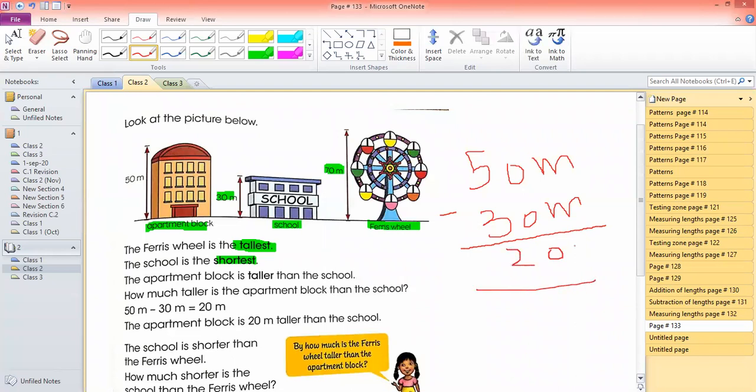So the answer will be 20 meters. The apartment block is 20 meters taller than the school. Is it clear, guys?